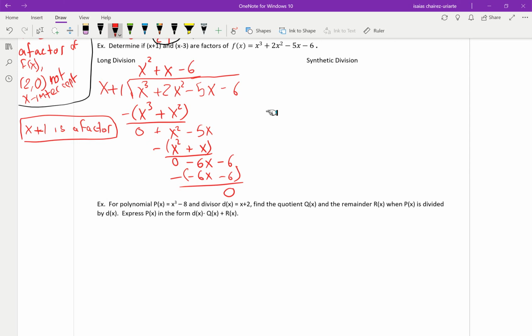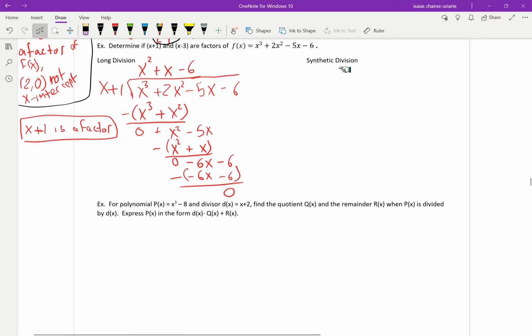Now I could check if x minus 3 is a factor in the same way, and if the remainder is 0, then I can conclude that x minus 3 is also a factor. I'm going to leave that up to you. If you want to practice more long division, check and see if x minus 3 is a factor and see if your remainder is 0.